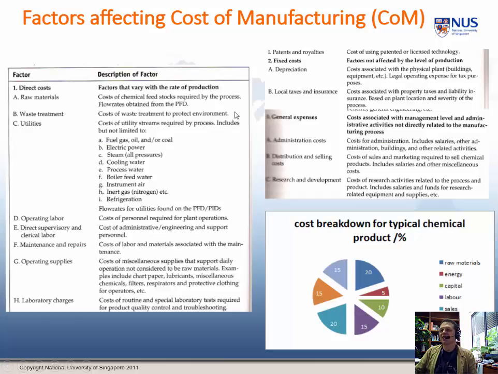Treatment of waste to protect the environment. We'll talk a lot about waste in the next couple of lectures. For this typical chemical product, waste is the light blue. 15% of the cost is waste. Dealing with waste. That's actually quite a big number. Okay, let's move forward.